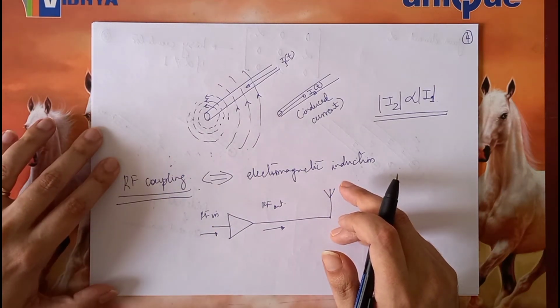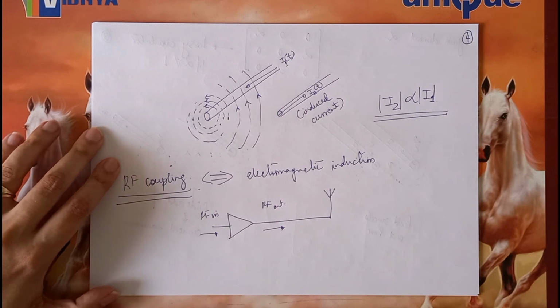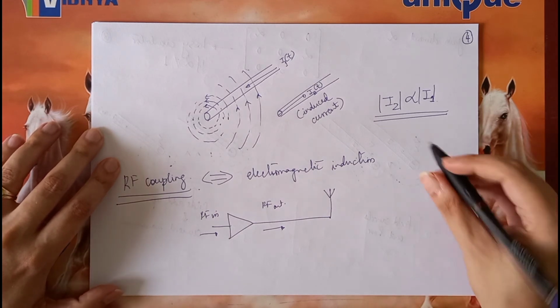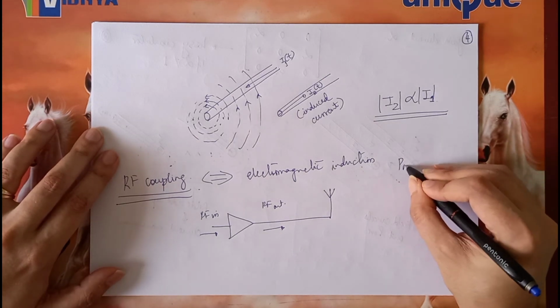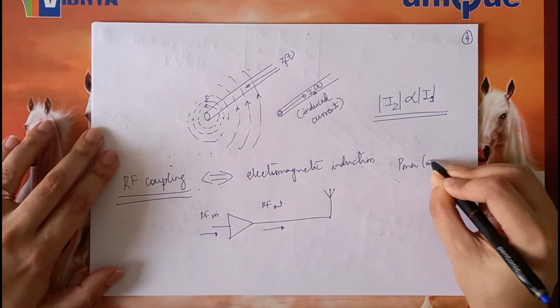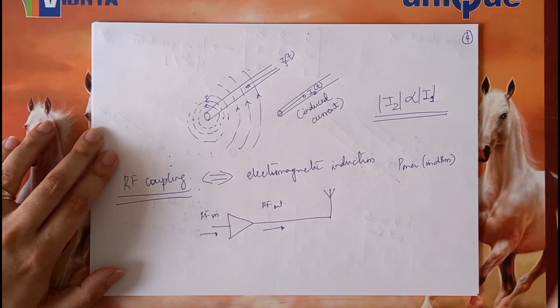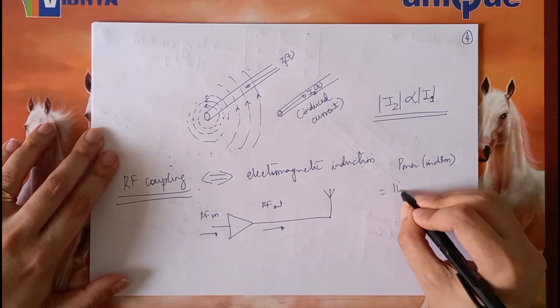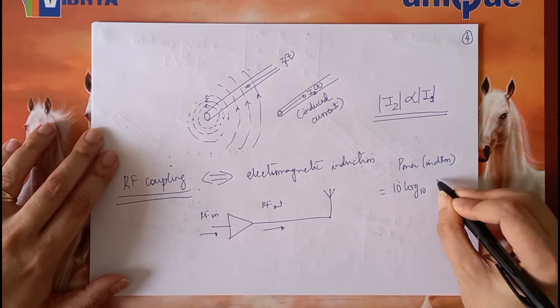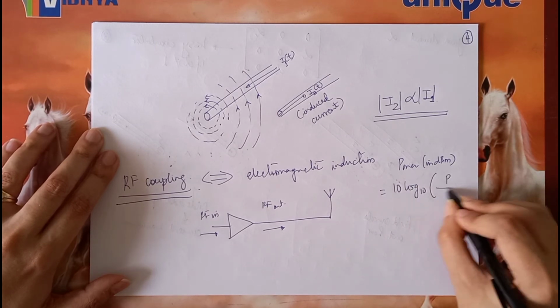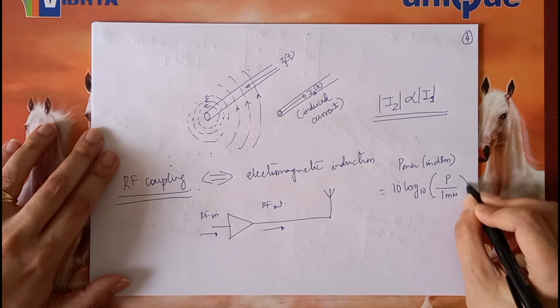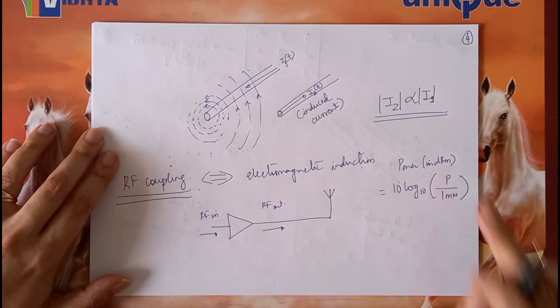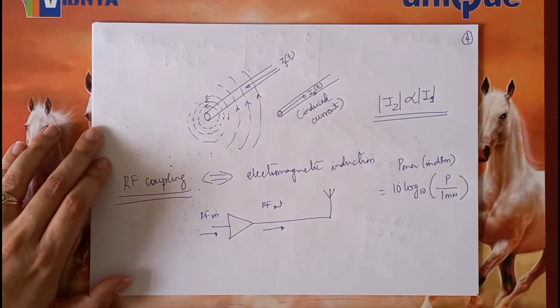So over here, let us define certain power quantities. Let us define power in dBm. This M stands for milli. So power in dBm is nothing but 10 log to the base 10 of the absolute power normalized to 1 milliwatt. Therefore, this dBm stands for dB milliwatts.